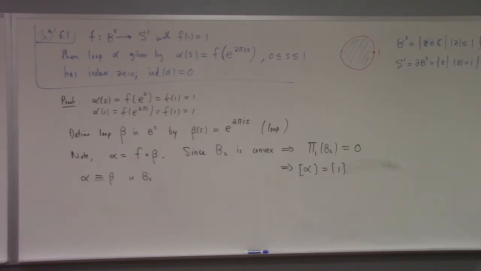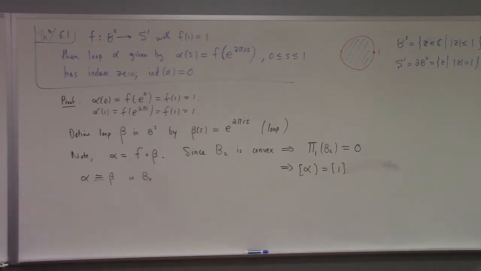Something's wrong with that idea, because we've just seen that they're not homotopic. The homotopy between alpha and beta is in B2 only.